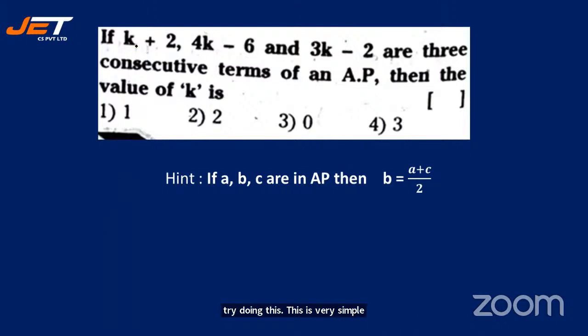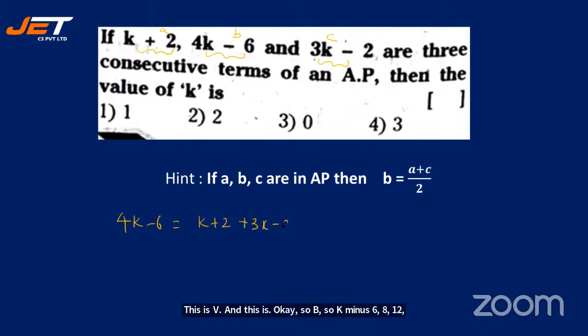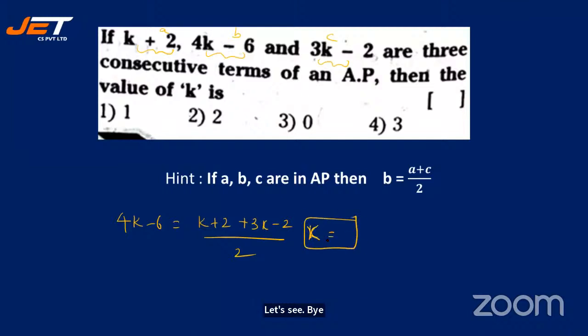So this is A, this is B, and this is C. Okay. So B, 4k minus 6 is equal to A plus C by 2. Now solve for k. What is it? You will get the value of k. Yes, I think with this hint, you'll be able to give me the answer.